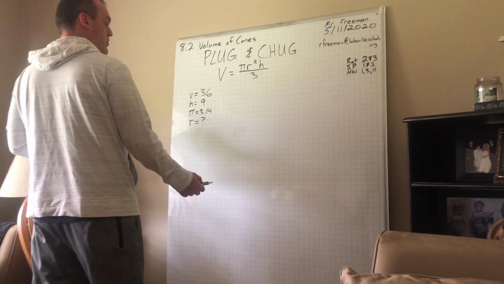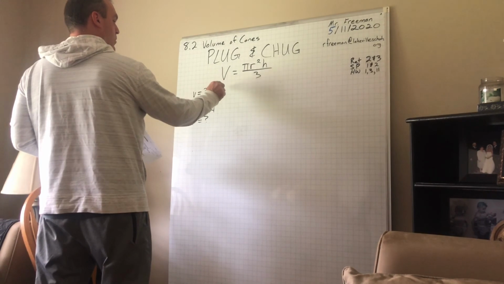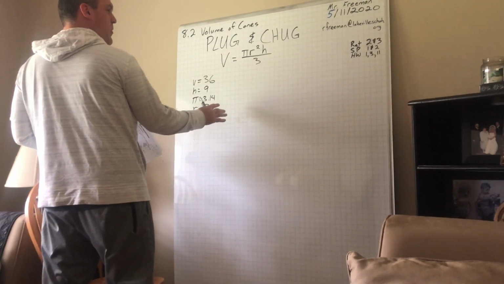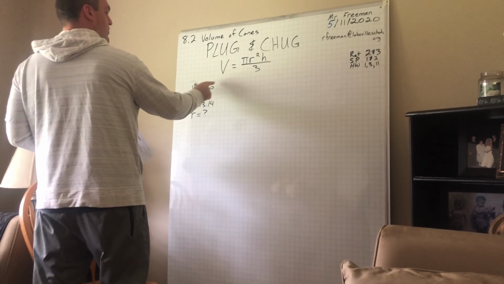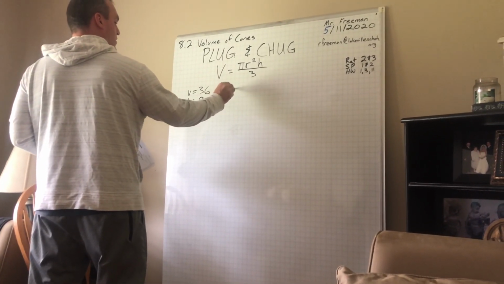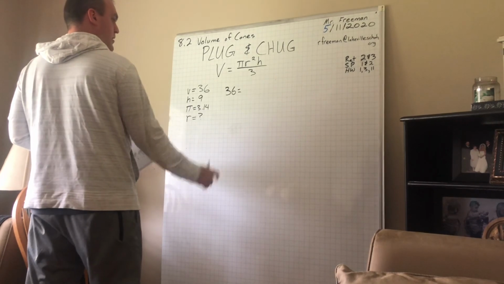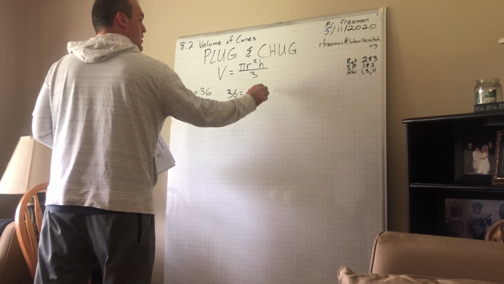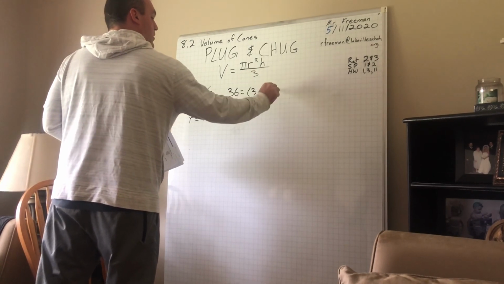Okay, so we have to plug our formula in this way. We still can just plug and chug away and find this out. You're just going to have to use what you know about equations to solve it. If V is 36, we would plug this formula in as 36 equals pi, which we should know is 3.14. We don't know the r squared.